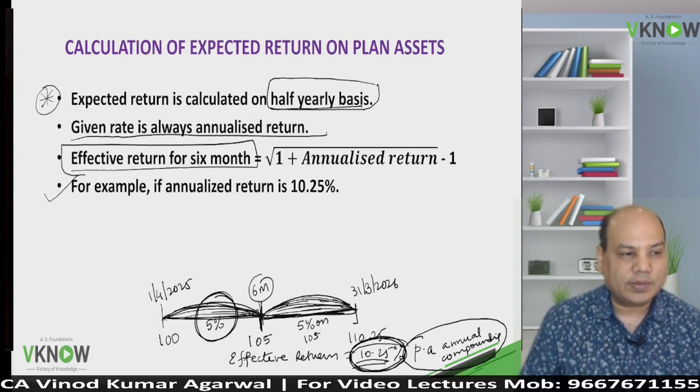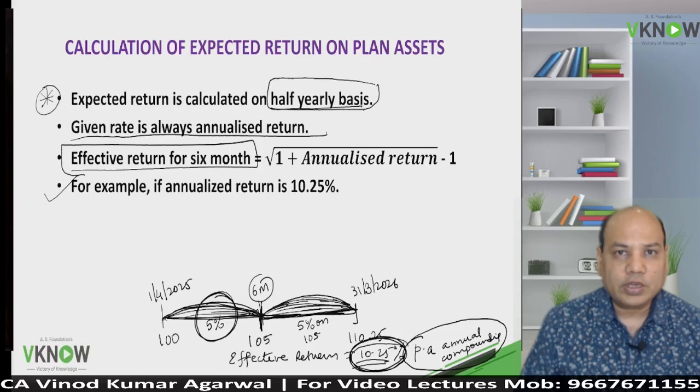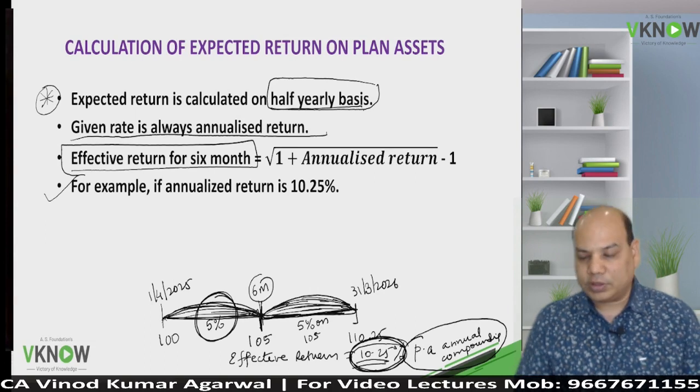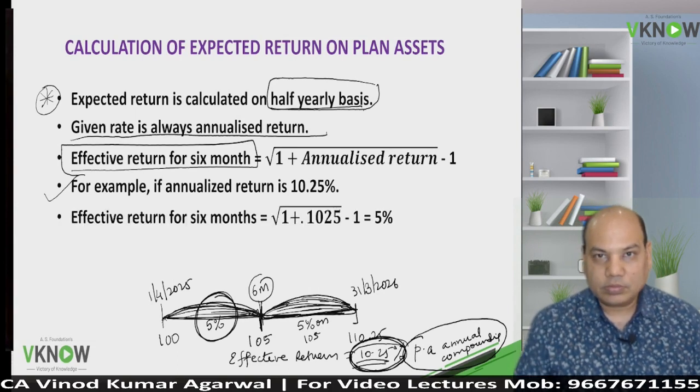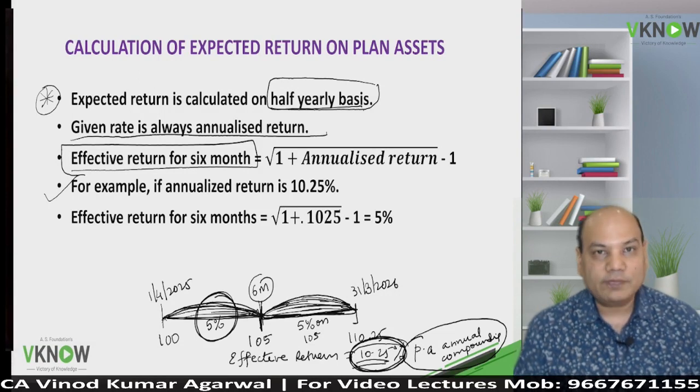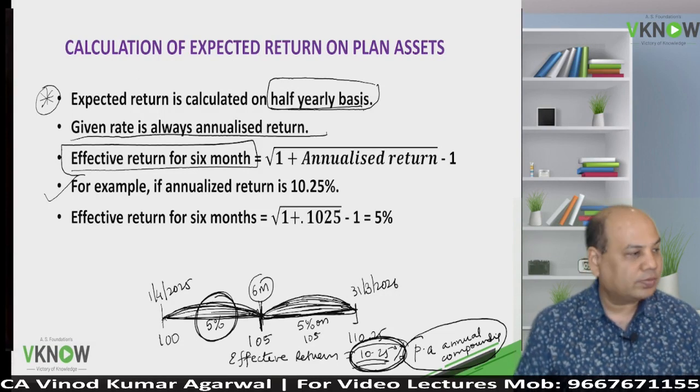Write down. For example, if the annualized return is 10.25%, find the effective return for 6 months.